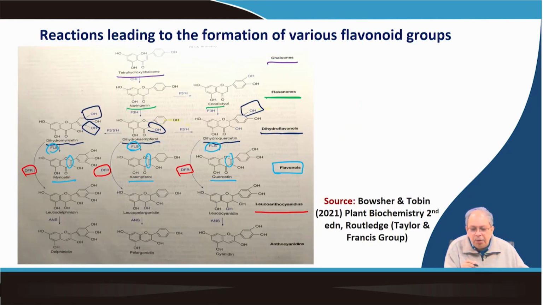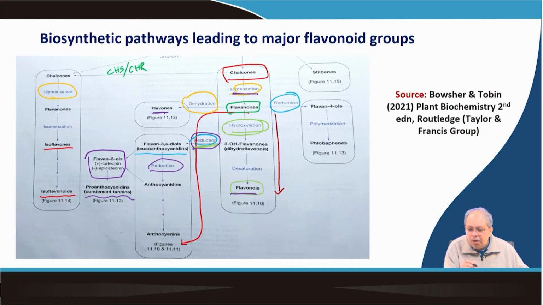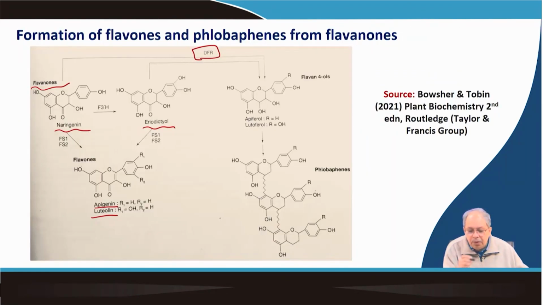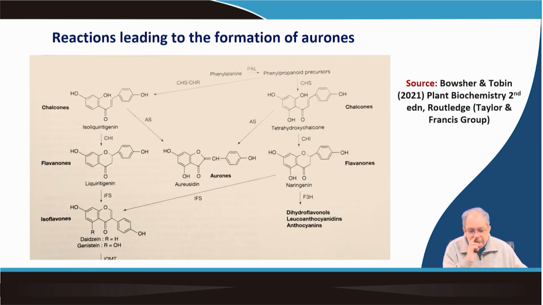If I go back to this one, here you see there is a reductase; flavanone by reductase means flavonol. And the flavonols may be luteophorol or epiphorol, but this finally makes the flavophen pigments, as I have mentioned here. So, from flavanones, it produces either the flavones or flavonols. Okay.